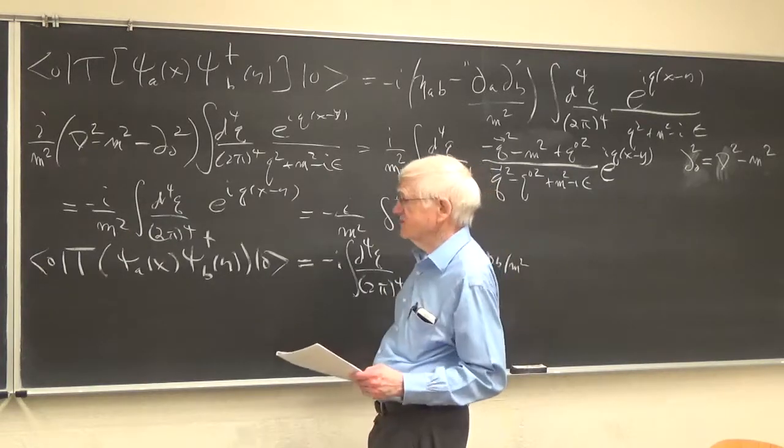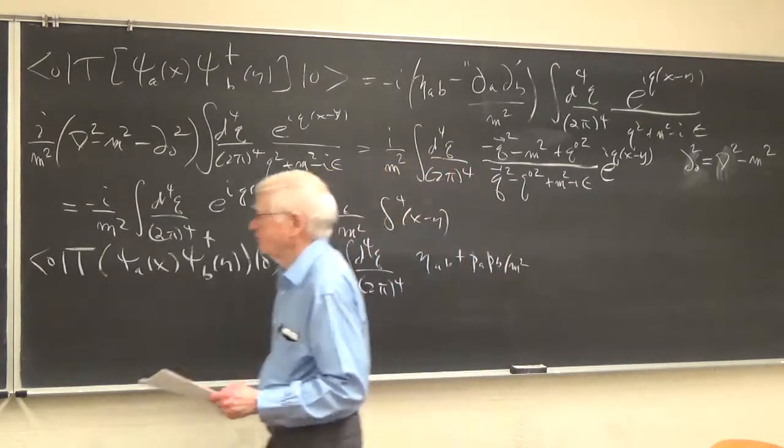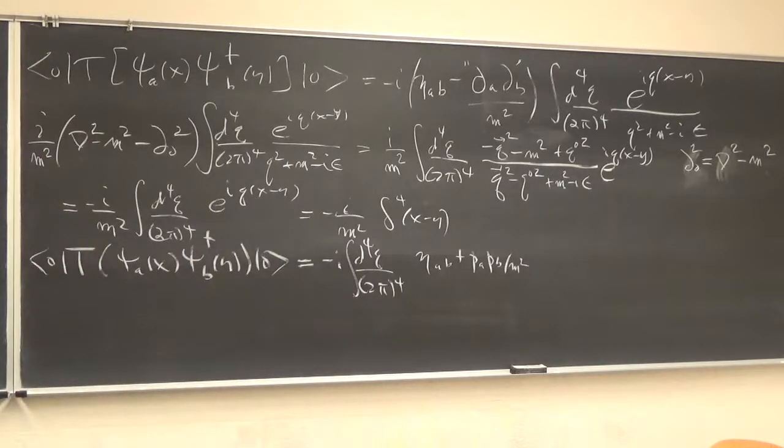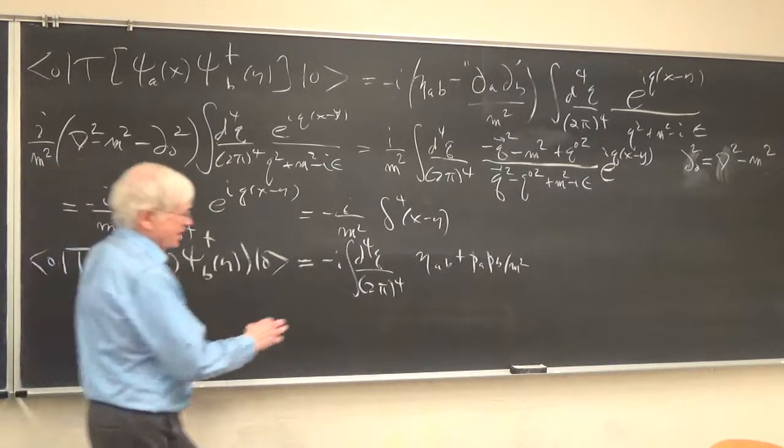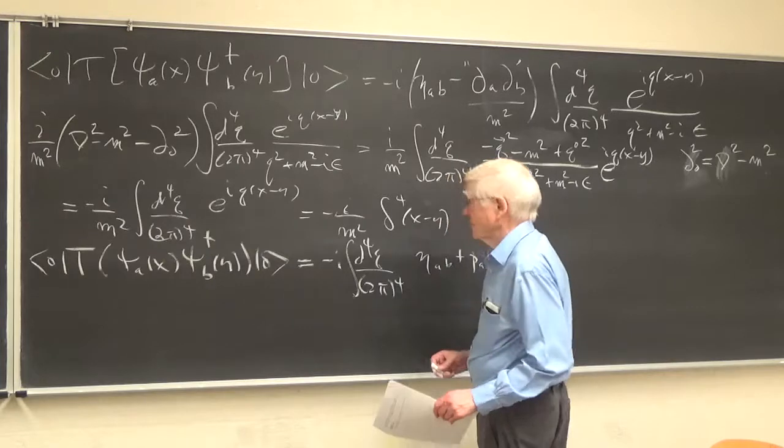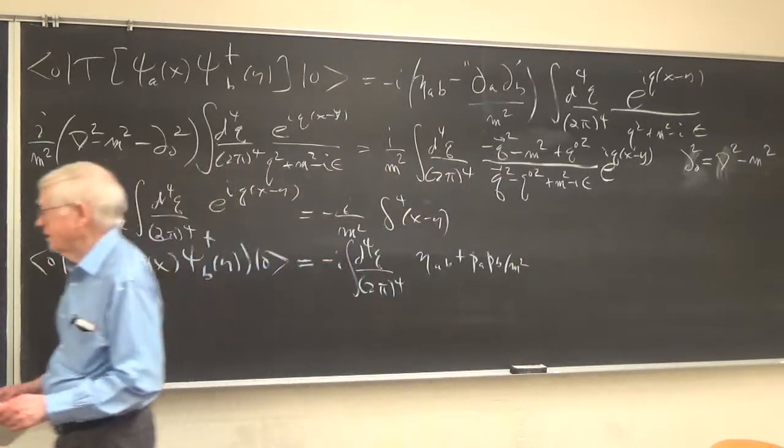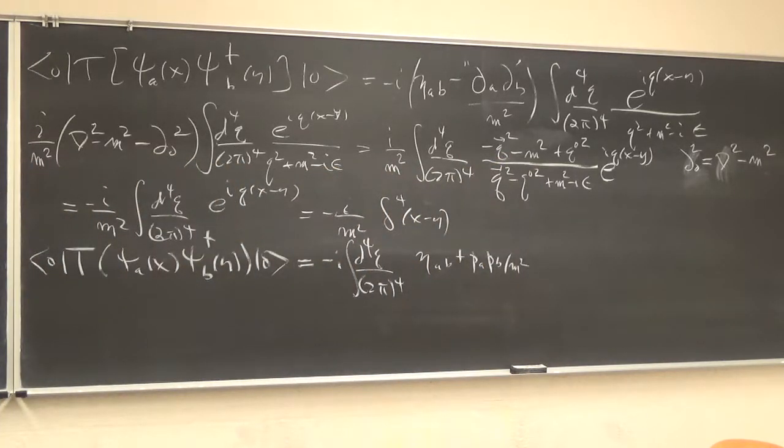Let's see, did I skip something here? Well, you know that minus i delta F is this four-dimensional integral. Yeah, I skipped a step here, I can see. So, let me do the skipped step here.